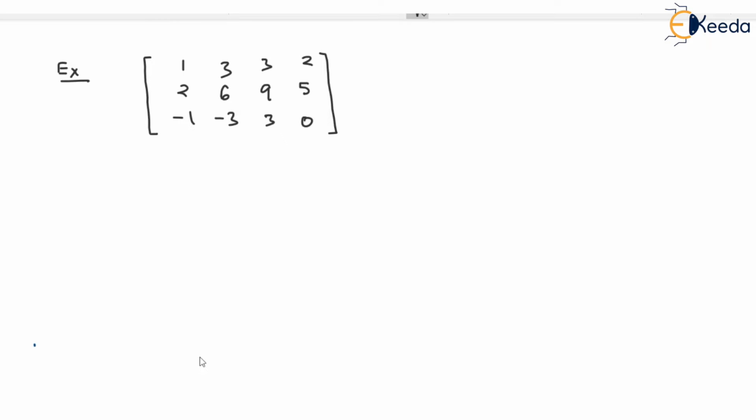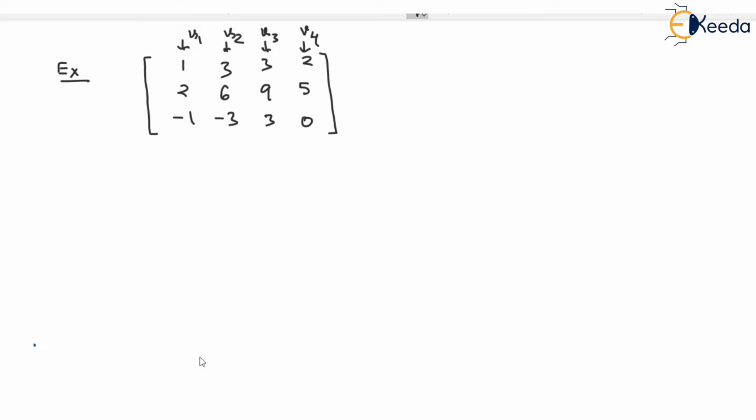So this column first, column second, column third, column fourth, let's say these are the vectors v1, v2, v3 and v4. So we have got this set of four vectors with three elements, or three components, in each of it.